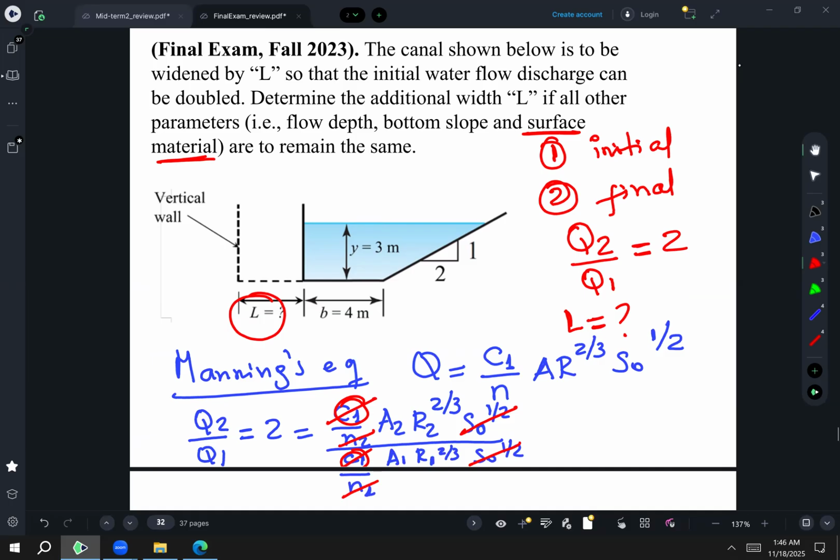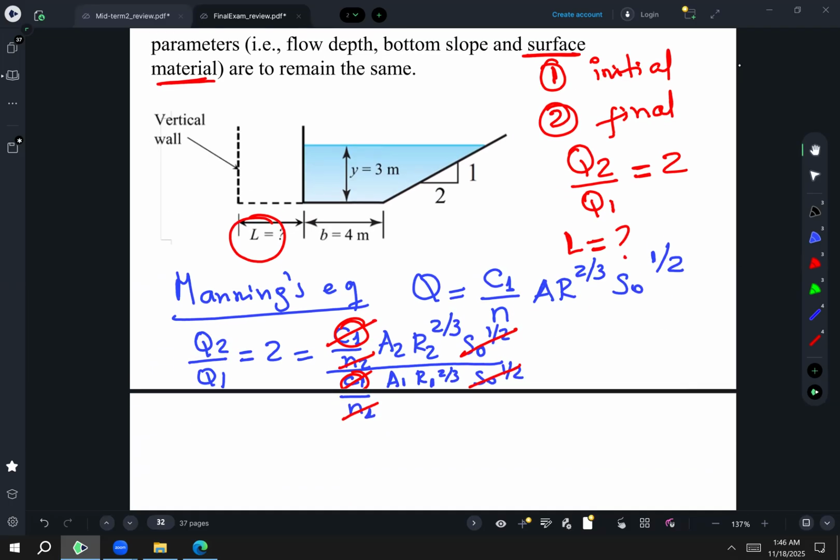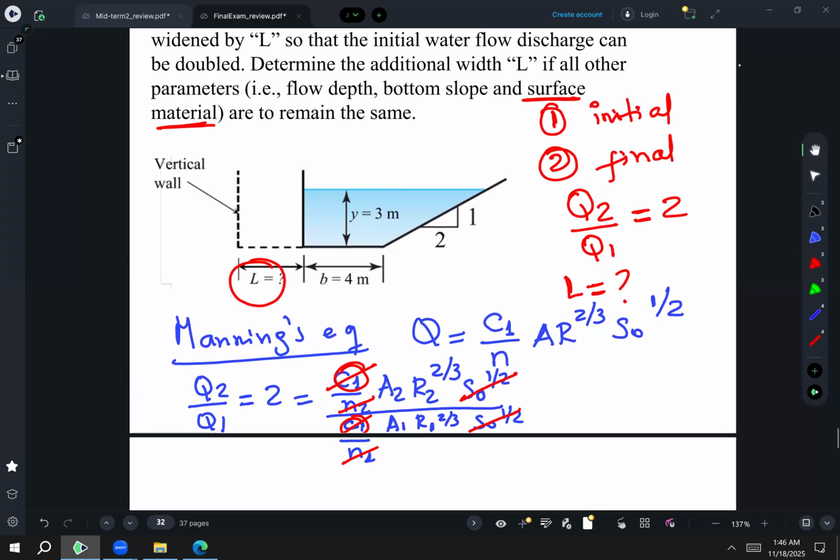So basically, the only things that will change are the areas and the hydraulic radius. If the water depth changed, the area and hydraulic radius would change. Actually, let's see, the flow depth is going to remain the same.